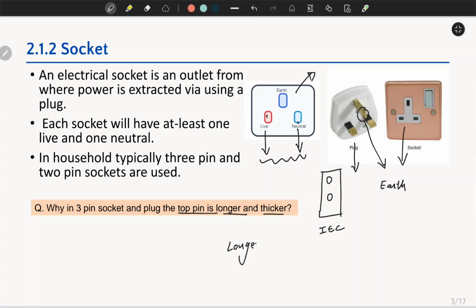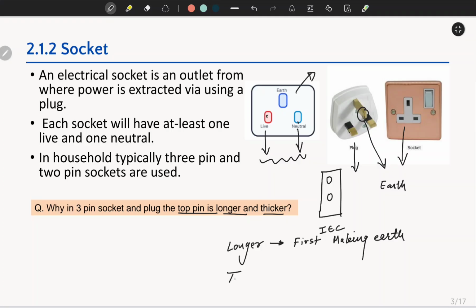The reason for it being longer is that the first making should be of earth, so that if there is any leakage in the appliance or the device, it goes to earth, completing the circuit to earth, so that the person does not get affected or get a shock.